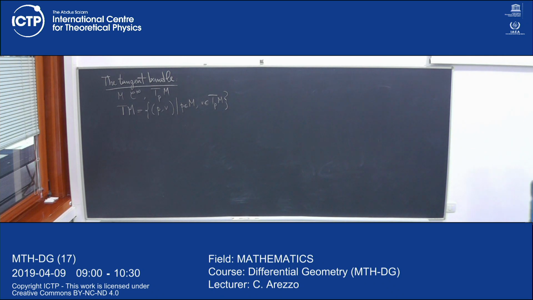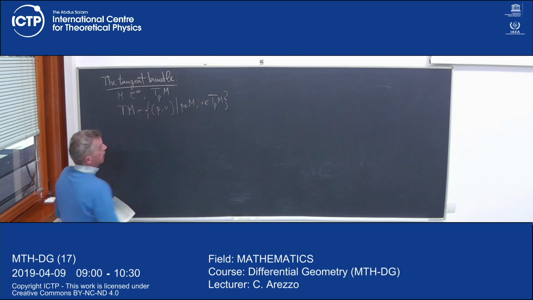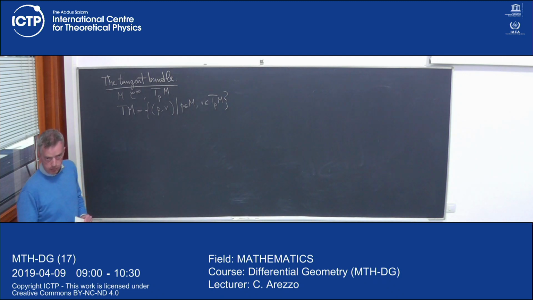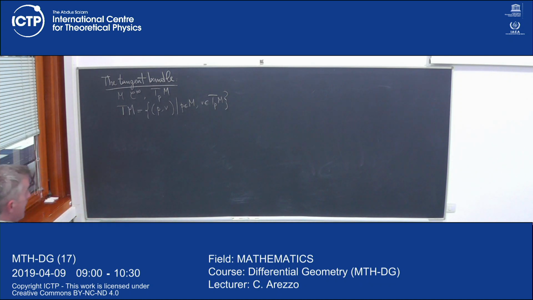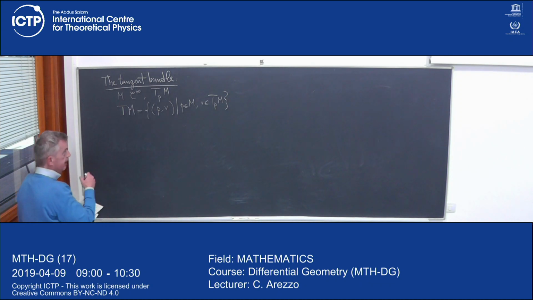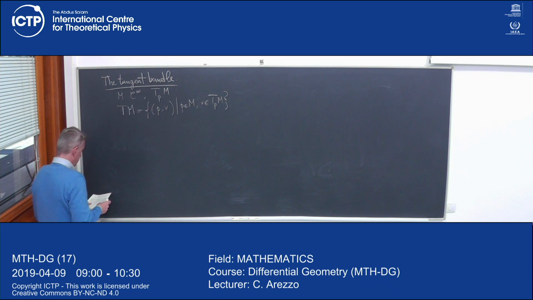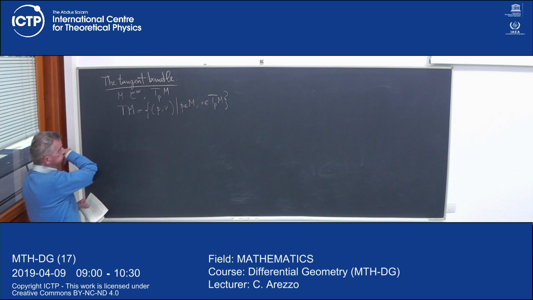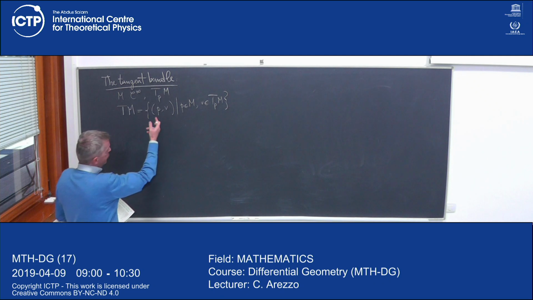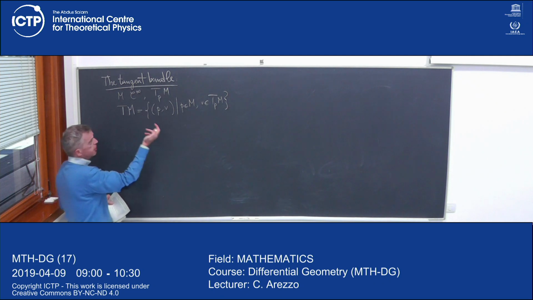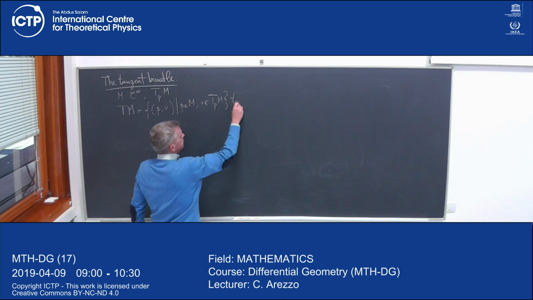Now, the point is, this object is just a set. This set is, in a natural way, a differentiable manifold, starting, of course, from a differentiable manifold. So how? And this is not just an example. This is very useful for many reasons. This is called the tangent bundle.